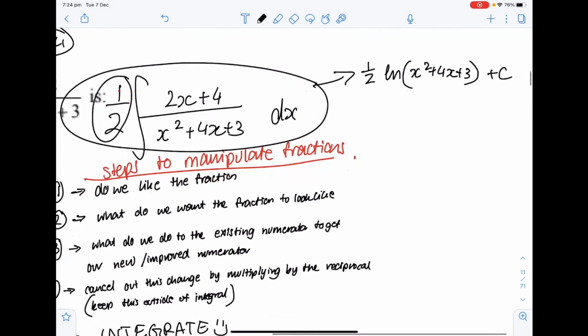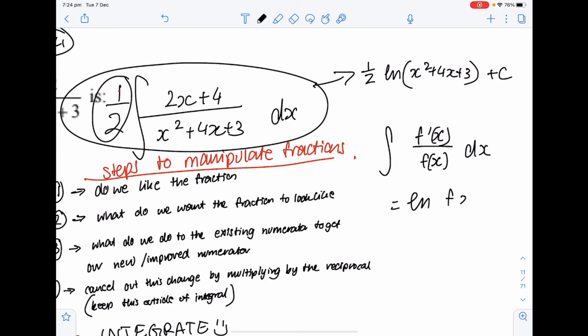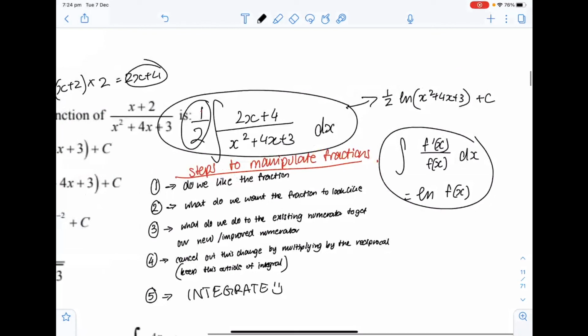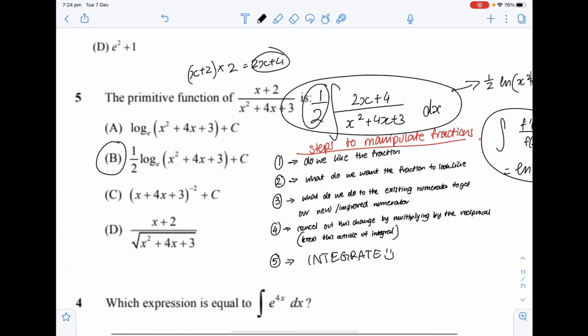And then remember that the integral of f dash x all over f of x is equal to ln of just f of x. That's just your rule for integrating. Does that make sense? Okay, beautiful. So the correct answer for that one was B.